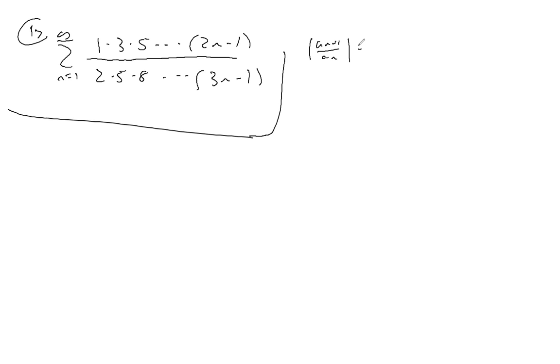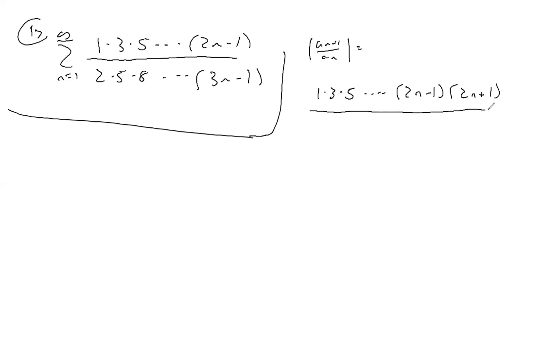An plus 1, let's write out an plus 1. That'd be 1 times 3 times 5, up. And then what would I have? 2n minus 1, and then the last term would be 2. I'd replace n with n plus 1, and then distribute the 2 and subtract the 1, and I should get 2n plus 1, right?